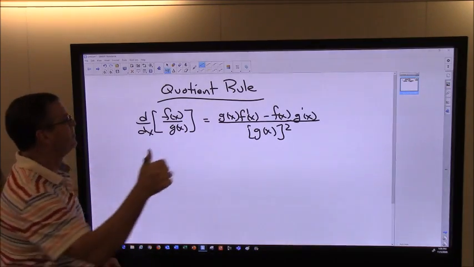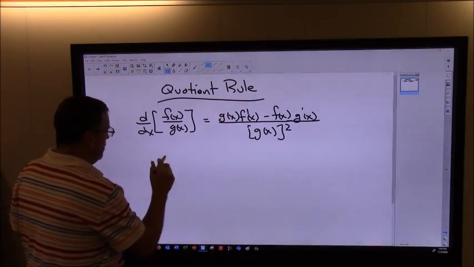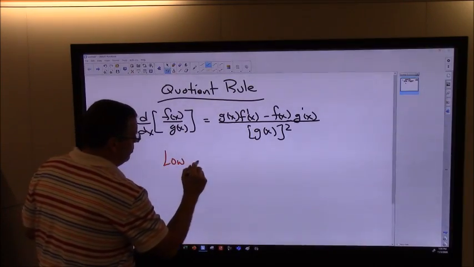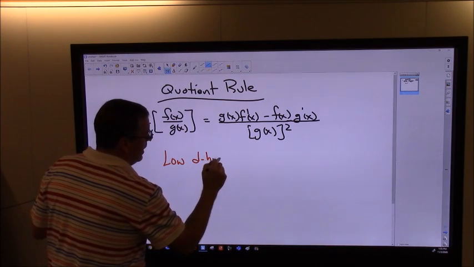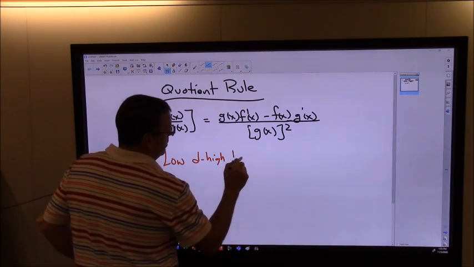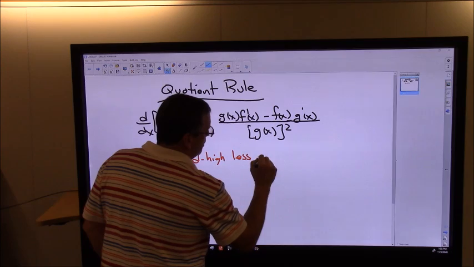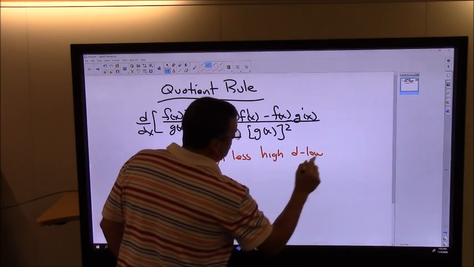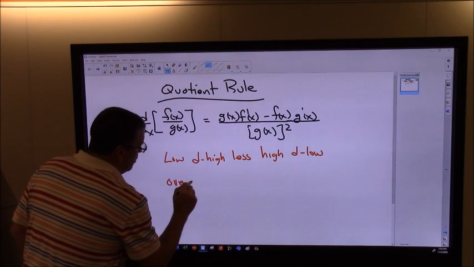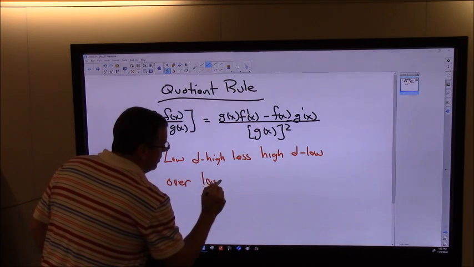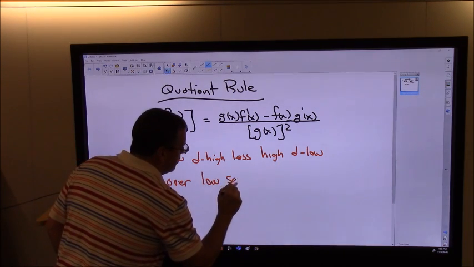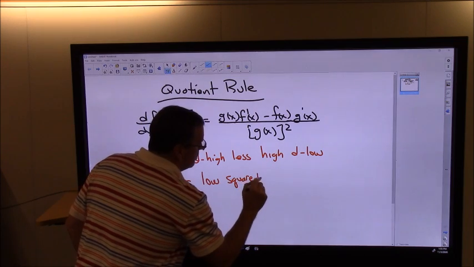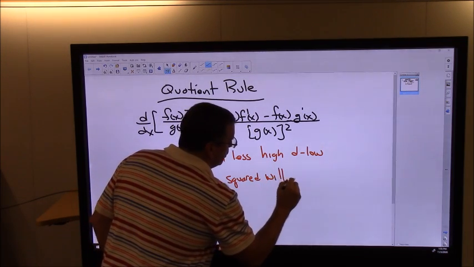Let me write it down. Low d high less high d low over low squared will go.